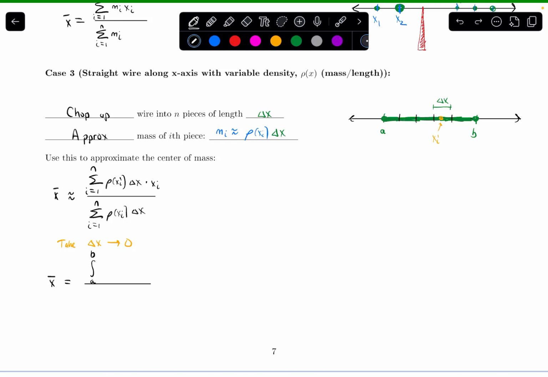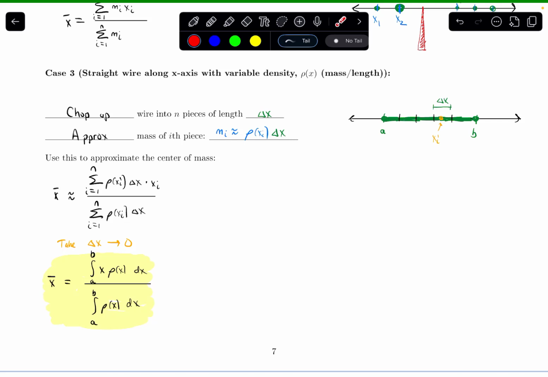And then you change these xi's to x's. So let me write the x at the front, and then I'll get rho of x, and the delta x becomes a dx. And on the bottom, I'll get the integral from a to b, and then change the xi to an x, and the delta x becomes a dx. And there we have it. That's our formula for the center of mass when my wire is a straight wire and it's got some density function.